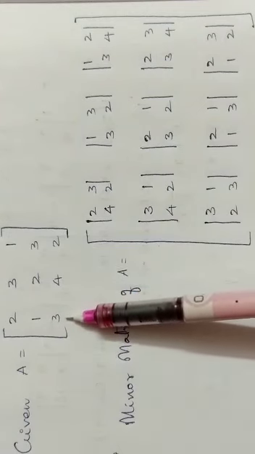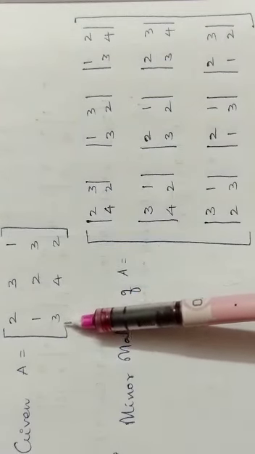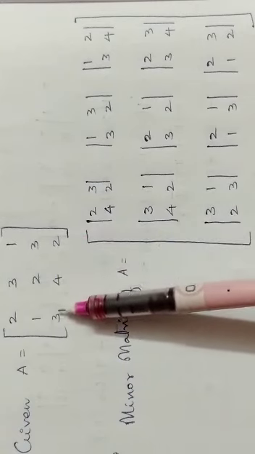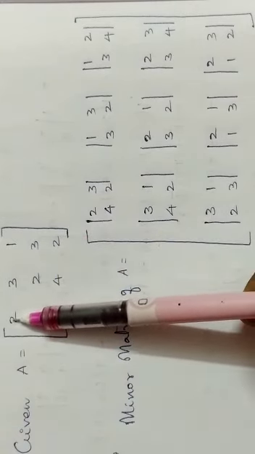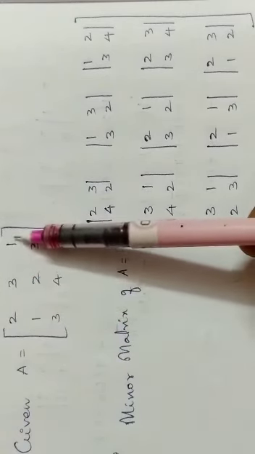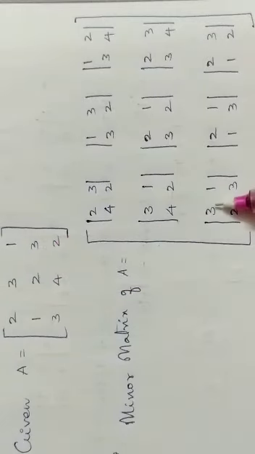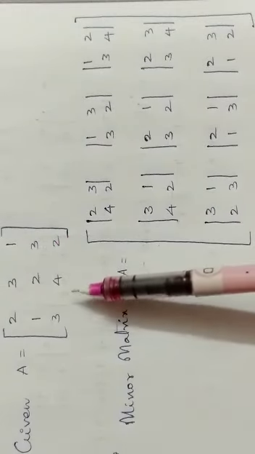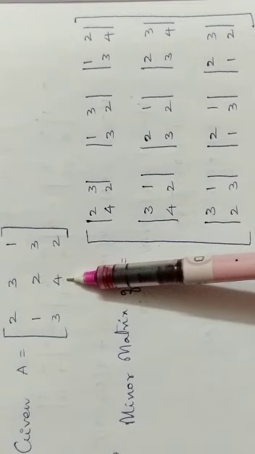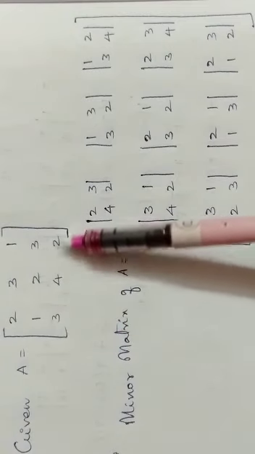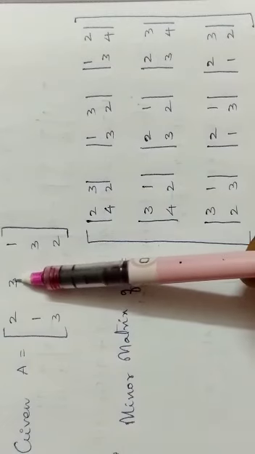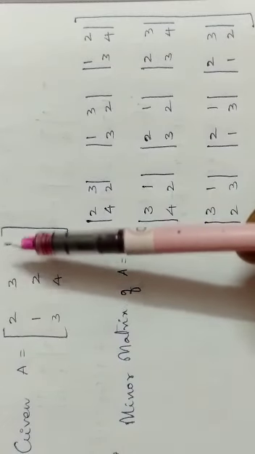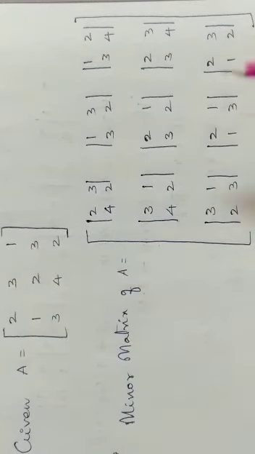Minor of 3. Remove this row and column. The 4 elements are 3, 1, 2, 3. Minor of 4. Remove the row and column. The 4 elements are 2, 1, 1, 3.